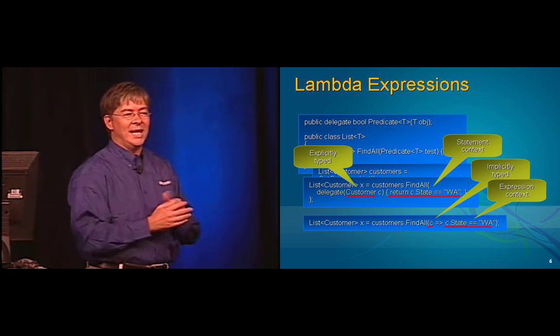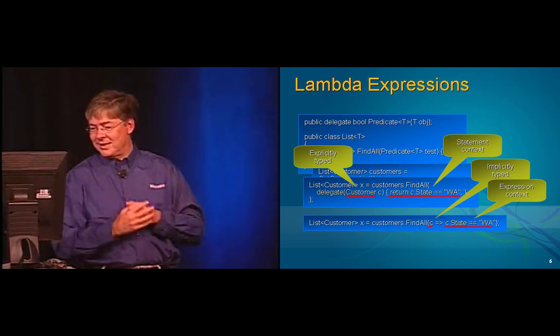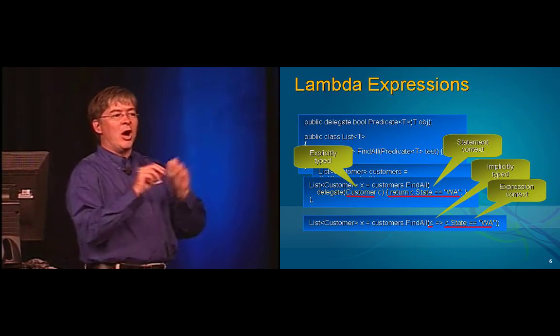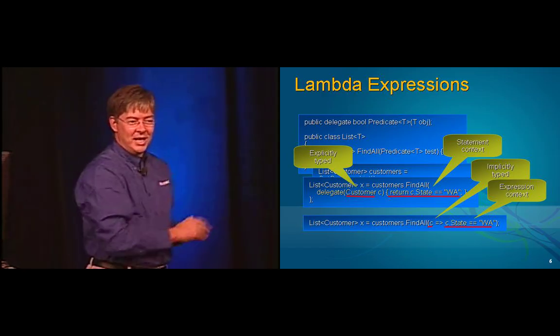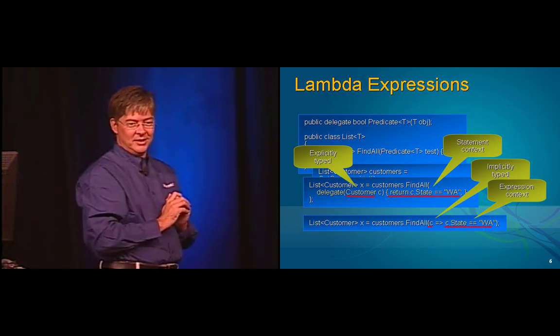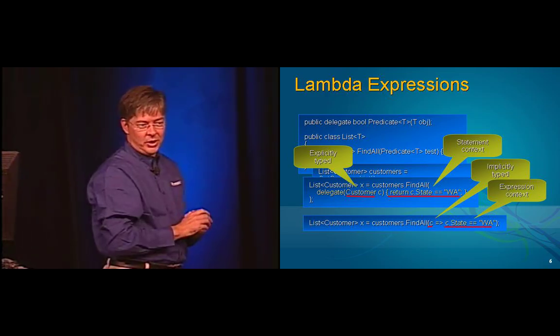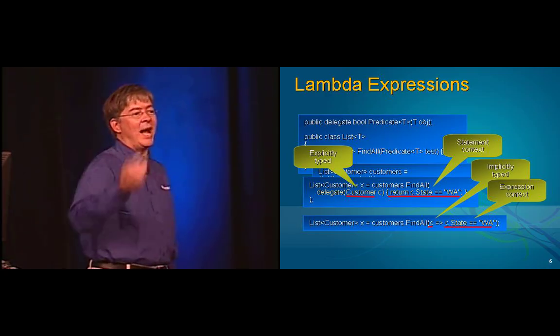But in a query language, when you write a where clause like State equals Washington, it's not like we up front evaluate whether the state is Washington and pass that to the query engine. No, we pass a little piece of code to the query engine. We pass the expression to the query engine, and then it evaluates the expression for each item.